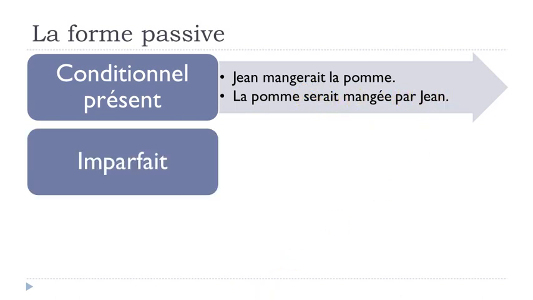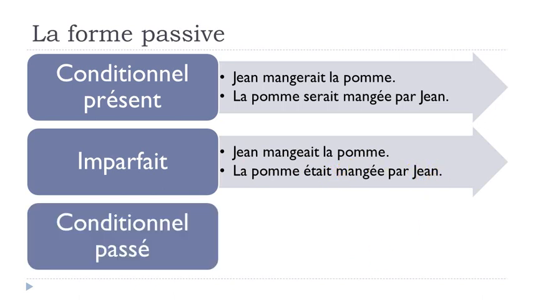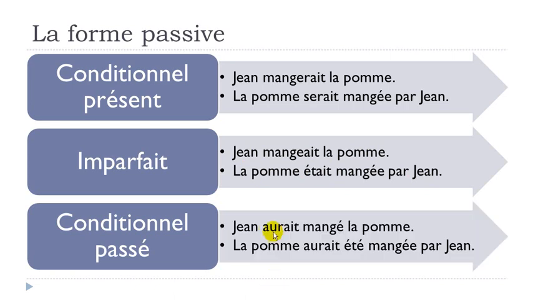Then imparfait: Jean mangeait la pomme, la pomme était mangée par Jean. And the last one, conditionnel passé, because that's the last one we saw. Jean aurait mangé la pomme, la pomme aurait été, and that's here, aurait été, conditionnel passé form of être, mangé par Jean.